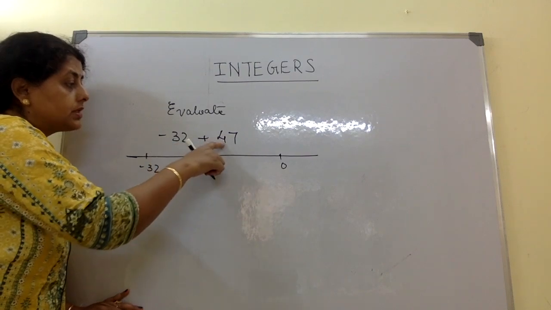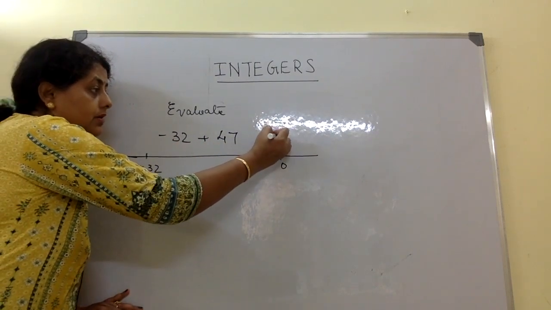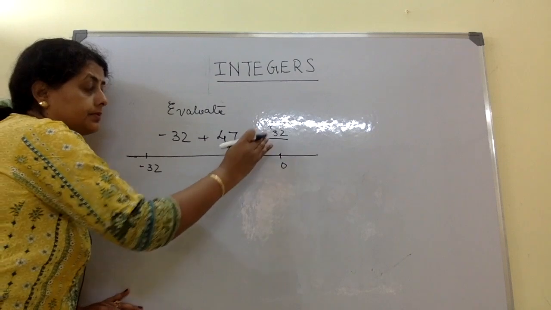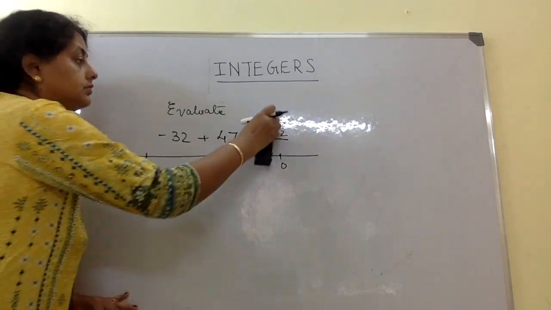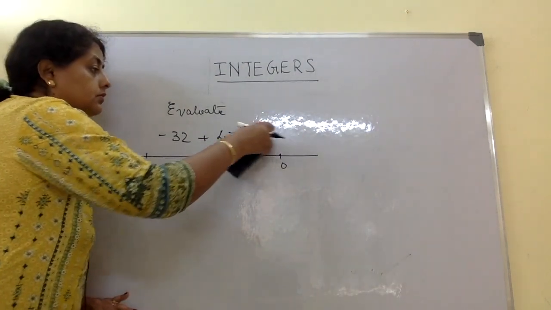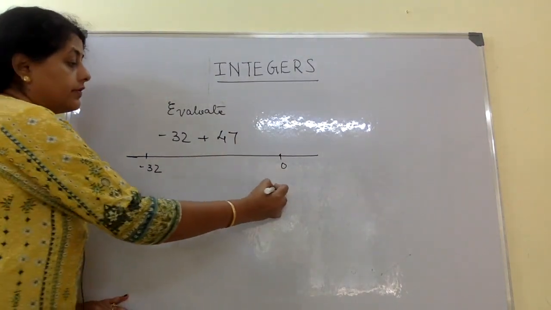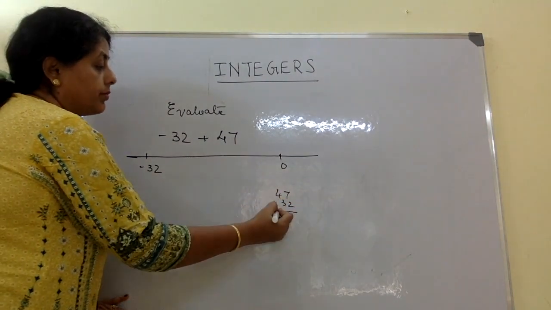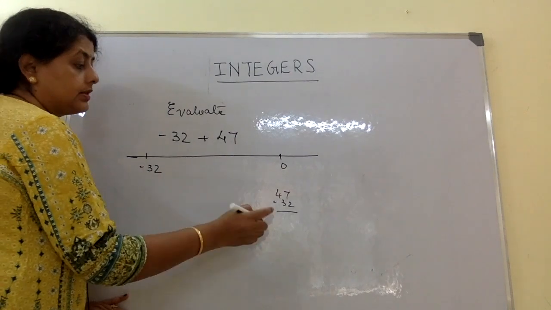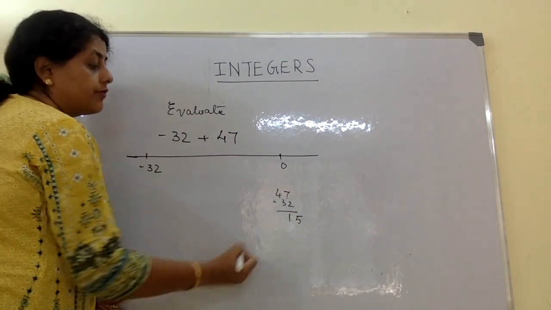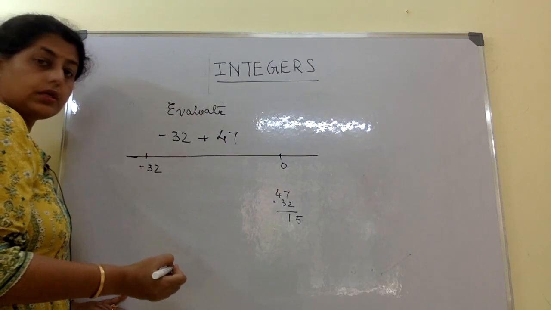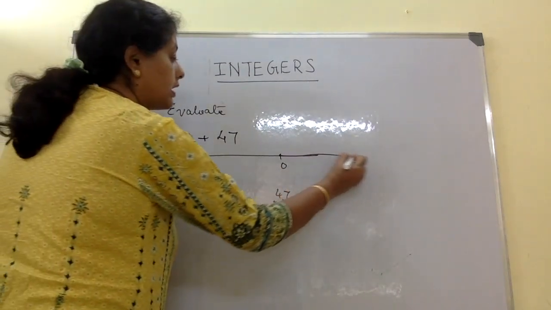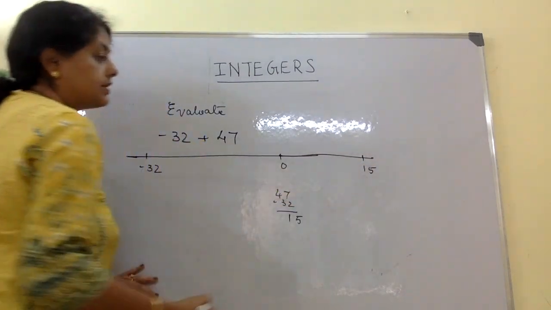After 32 places there are 47 minus 32, because till here already 32 places are there. So how much is that? 15 places are left. So now this side I have to go another 15 places.